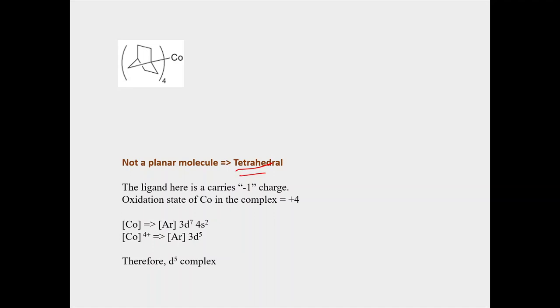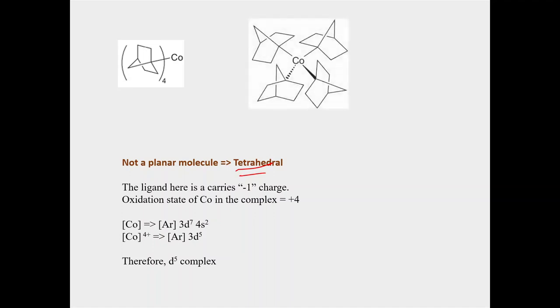Now, what is the next part of the question? What are the total number of unpaired electrons? Fine. So this is the structure of this complex. You can see that this is not a planar molecule. So here also tell me what is the oxidation number of cobalt?